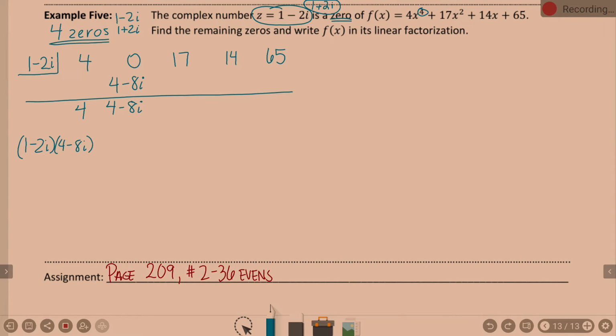Let's FOIL. 1 times 4 is 4. 1 times minus 8i is minus 8i. Negative 2i times 4, minus 8i. Negative 2i times negative 8i is plus 16i squared. Clean this up.